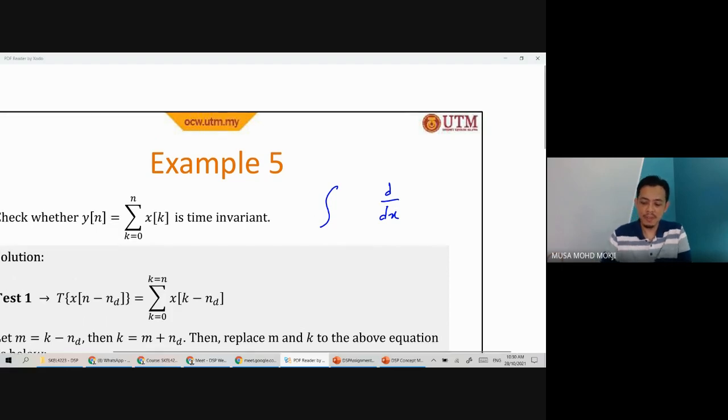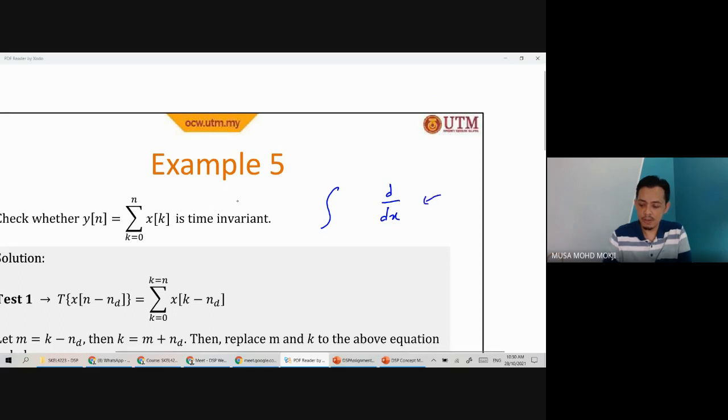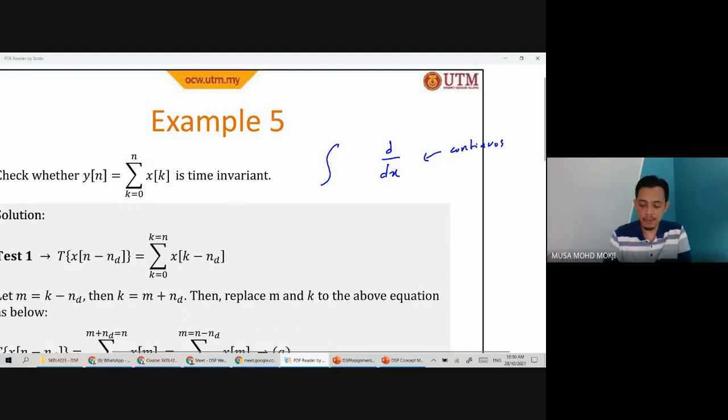So this is actually continuous. These are continuous processes. But in discrete time, everything becomes very, very easy and simple. This one is just a summation. And this is just a difference.